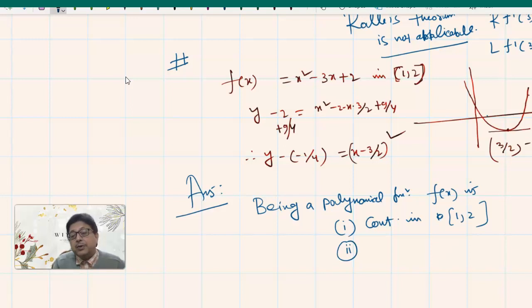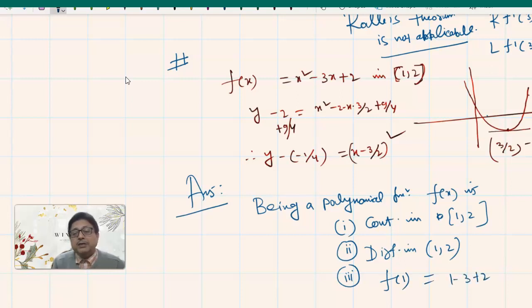This interval must be closed. Number 2, differentiable in the open interval. And number 3, f(1), if we check, is 1 minus 3 plus 2, which is 0. And f(2) is 4 minus 6 plus 2, which is 0.